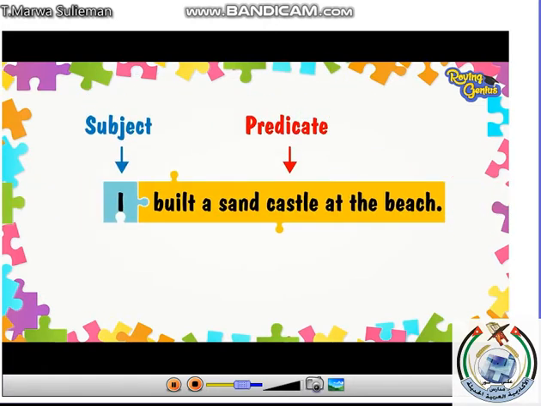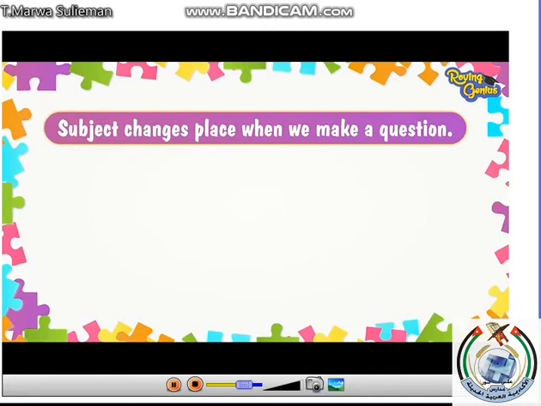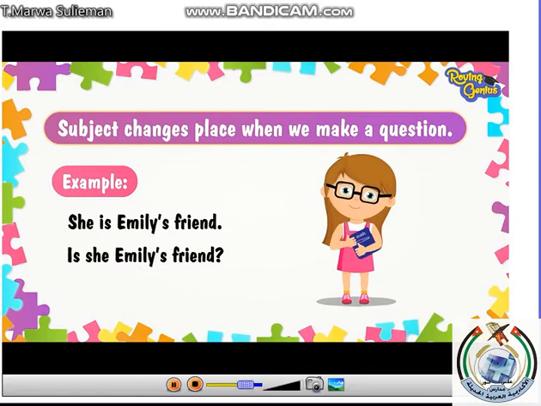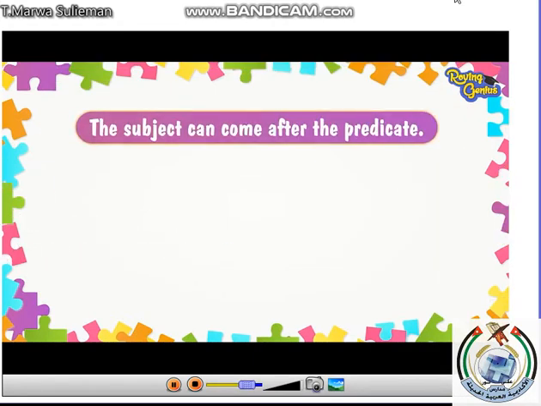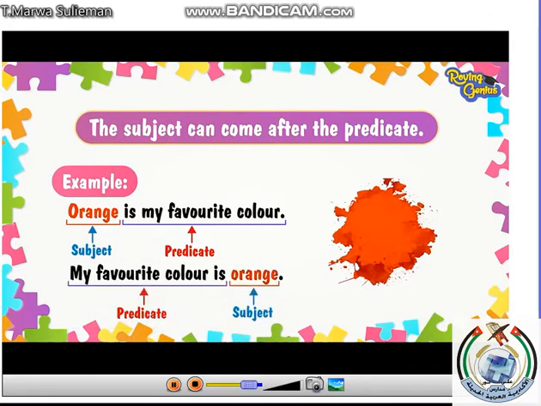I built a sandcastle at the beach. Sometimes finding the subject can be a bit tricky. You know why? The subject changes place when we make a question. In these two sentences, the subject she changes place when a question is asked. The subject can come after the predicate. For example, orange is my favorite color. My favorite color is orange.